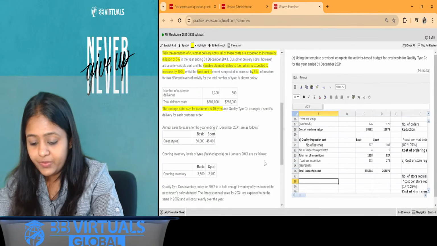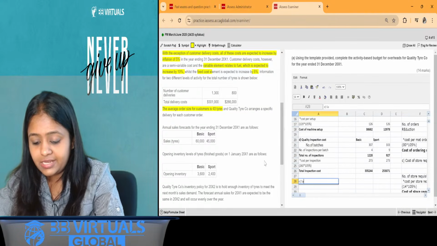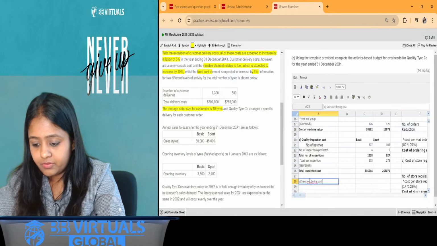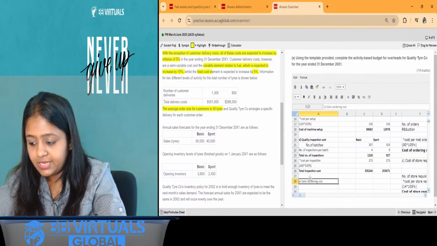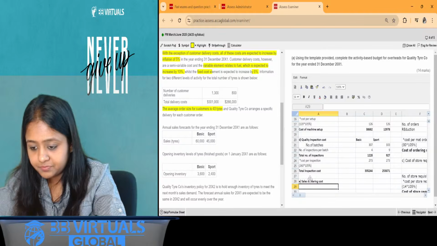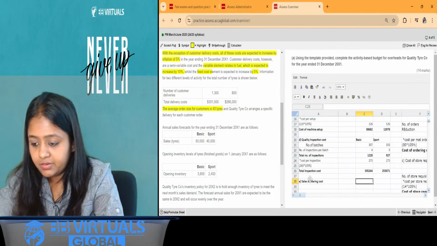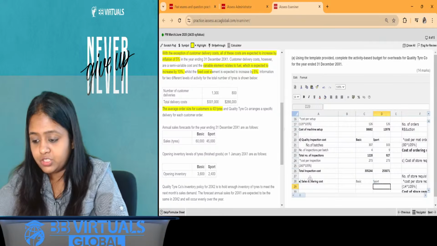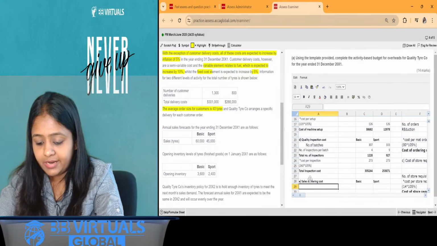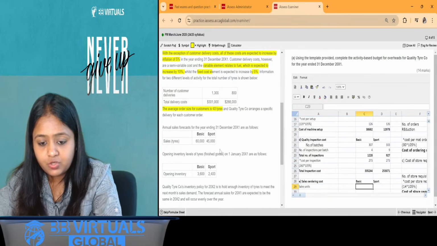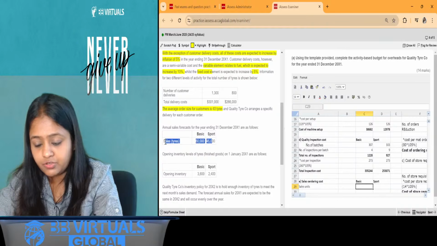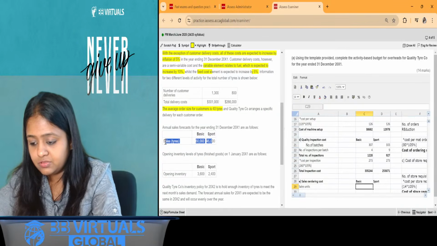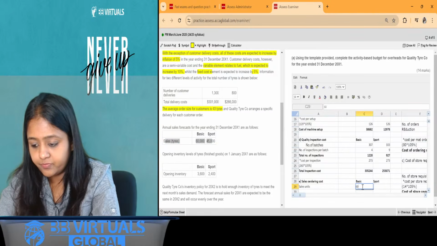So let's do it here. Sales ordering cost. Okay, now here basic, sport, this will not change. And here I will write sales units. Sales units for basic is given to you as 60,000 and 45,000, right?